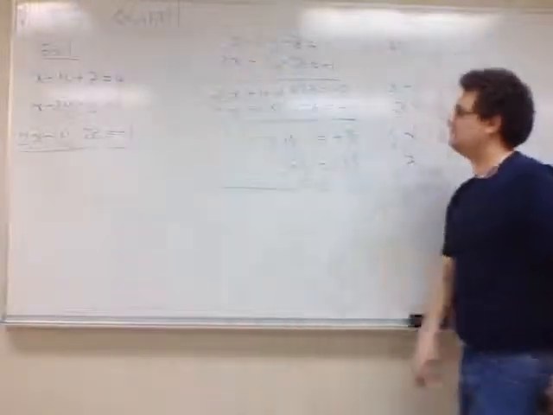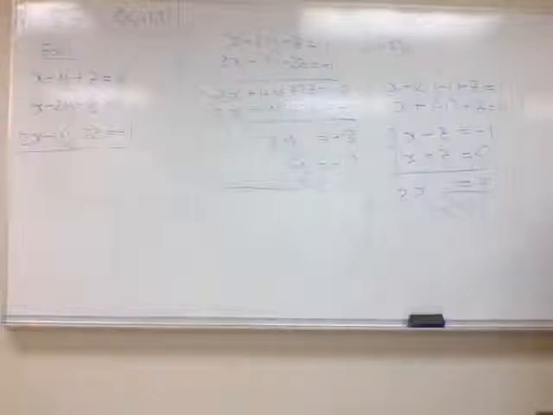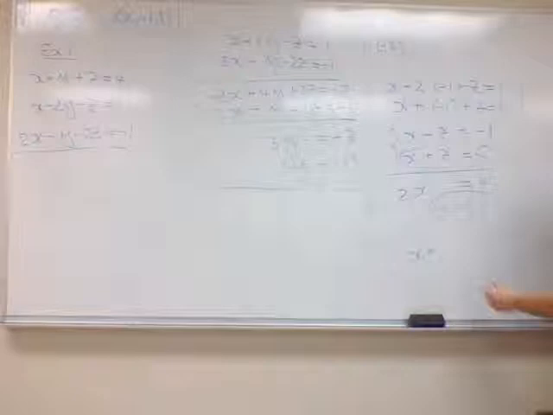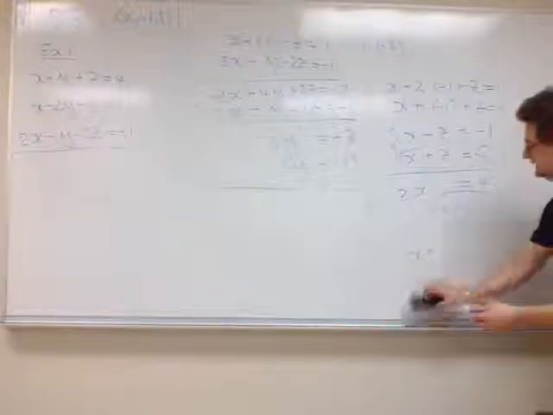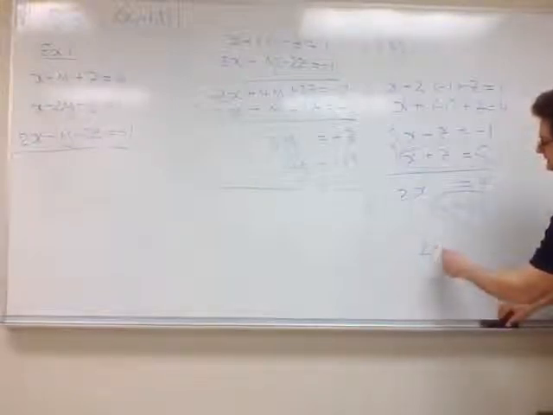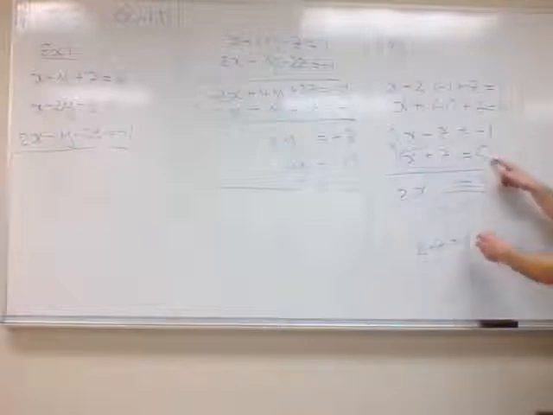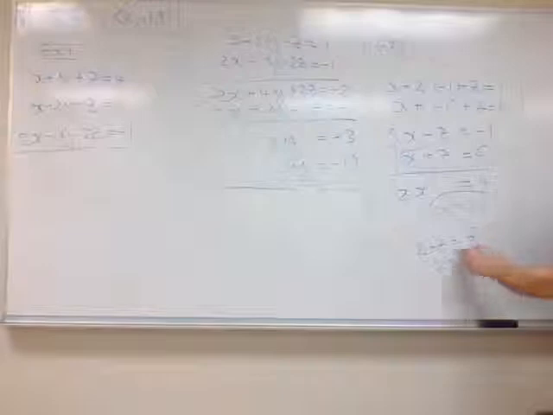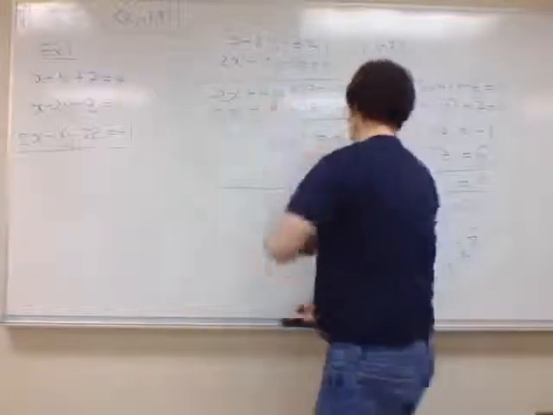So what remains is to find z. So let's take this equation. So x plus z, that means 2 plus z is supposed to be equal to 5. So from here, obviously, z should be 3, which is again what we got here.